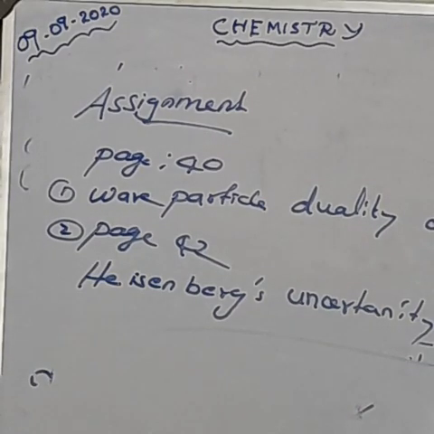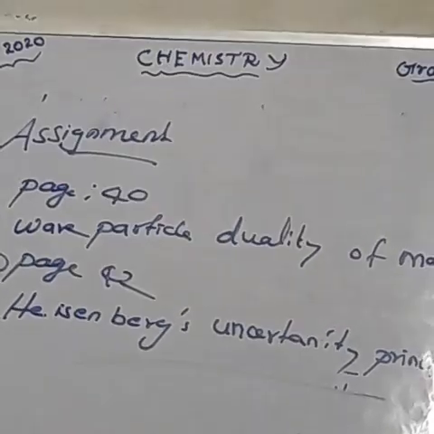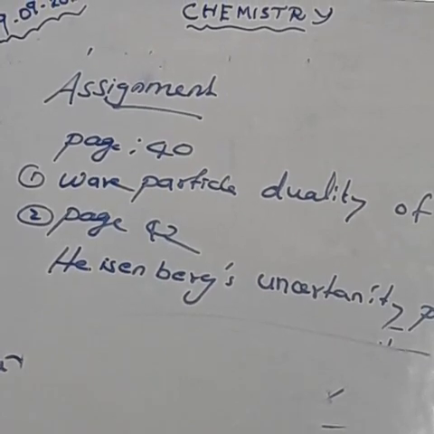These are the two questions, and these are repeating board exam questions. You should write this assignment and also check whether the answers are correct or wrong. Check it with a pencil, get a signature from your parents, and send it to me.